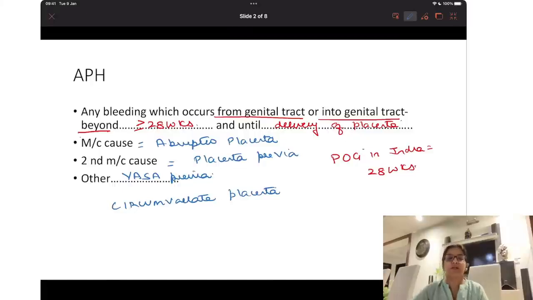What is a circumvallate placenta? I'll tell you when we are doing important images. So these are all the causes of antepartum hemorrhage, in which the most common is abruptio, second most common is placenta previa. In other causes, you have to remember vasa previa and circumvallate placenta.